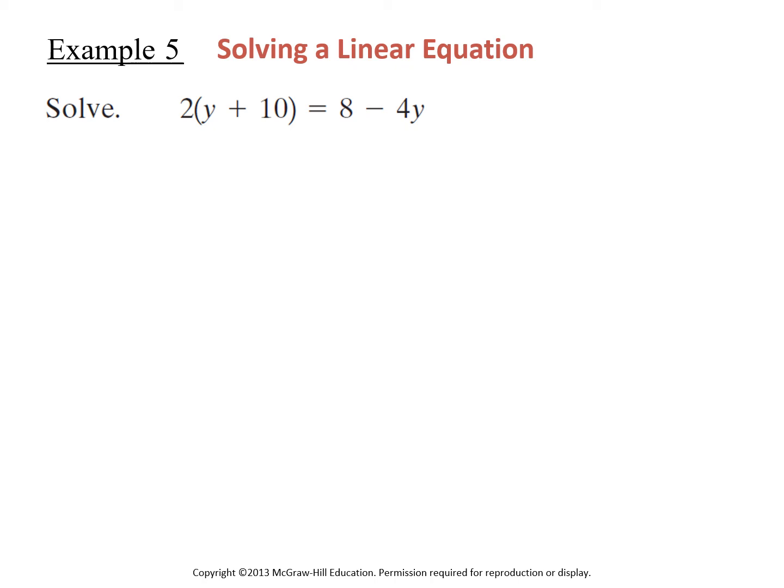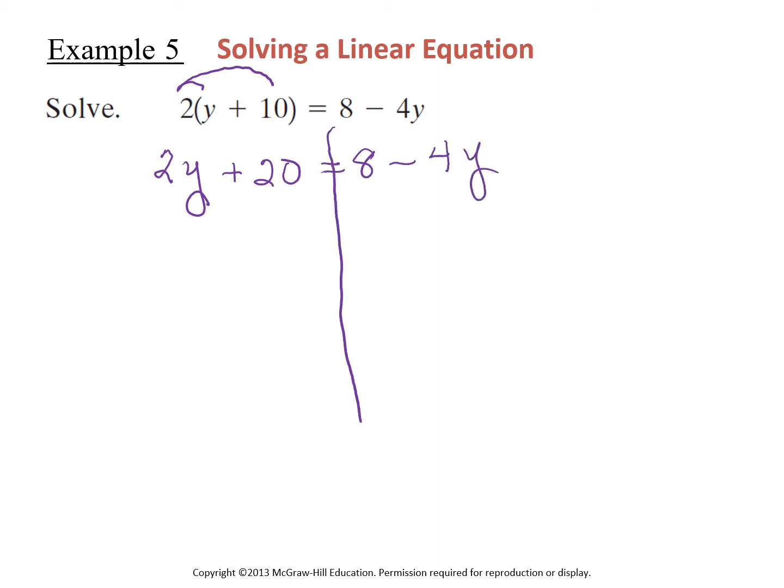So here I'm going to simplify the expression on the left by clearing the parentheses, and I'm going to use the distributive property multiplying twice. So I have 2y plus 20. And on the right I have 8 minus 4y. So I'm going to work with the variable term, and I will add 4y on both sides of the equation.